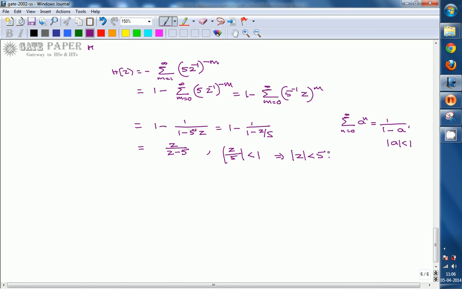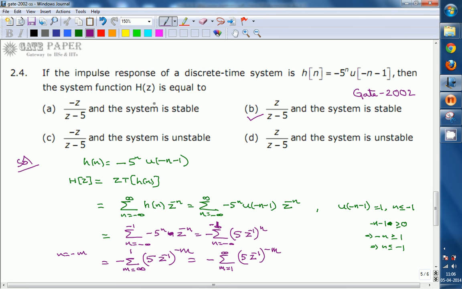So the Z transform of the given h of n is H of z equals z by z minus 5, and we need to decide whether the given h of n is stable or not.